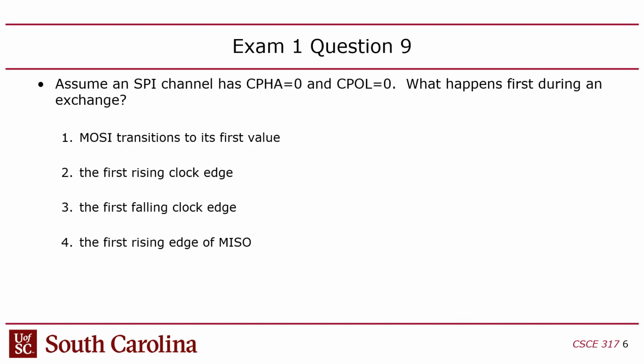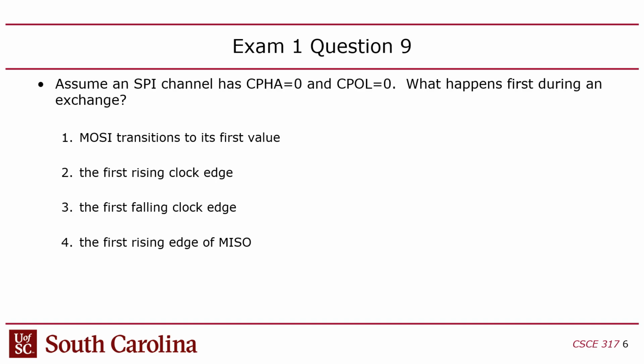The second question was: assume an SPI channel has CPHA equals 0 and CPOL equals 0. What happens first during an exchange? I can understand that this one was hard, because this was a little vague. The options include MOSI transitions to its first value. So it's basically asking what happens first.